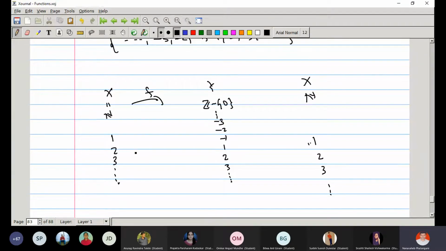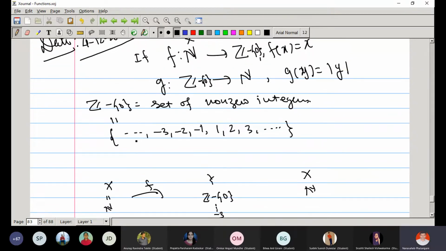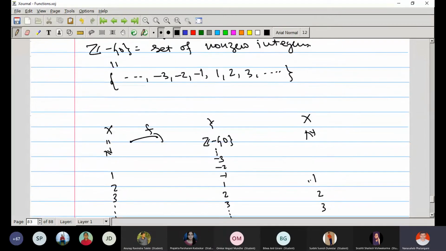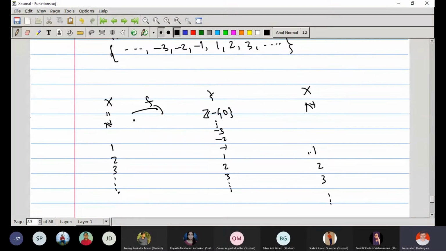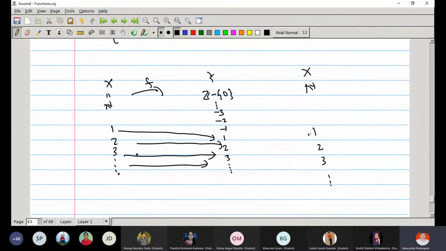What is the image of 1 under f? 1. Right. So you understand f of x is equal to x. So 1 goes to 1, 2 goes to 2, 3 goes to 3, 4 goes to 4. Right. So this function is not onto. f is not onto.